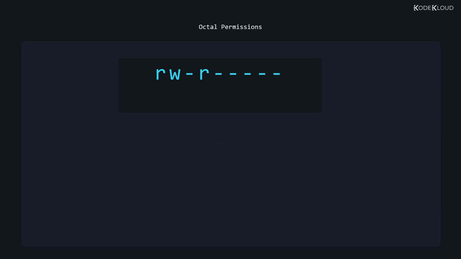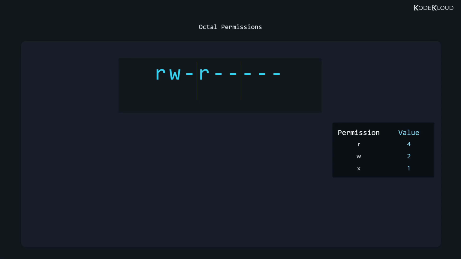If you find binary difficult, another approach would be to use the octal table, and it's much simpler. For each permission, assign an octal value. For example, 4 for read, 2 for write, and 1 for execute. Then whichever permission is set, consider the respective value for that, and for the permission bit not set, consider it to be 0.